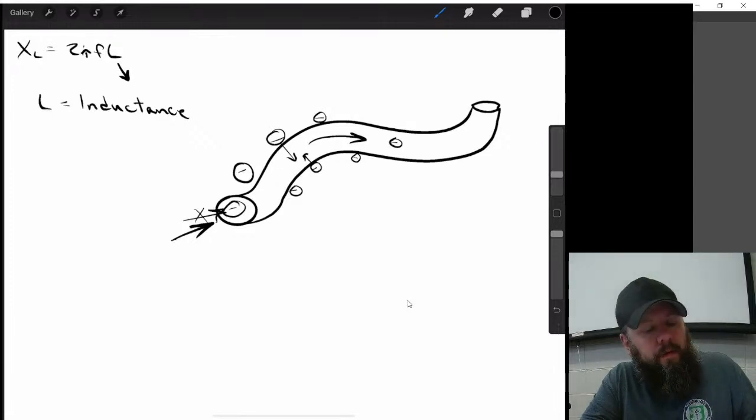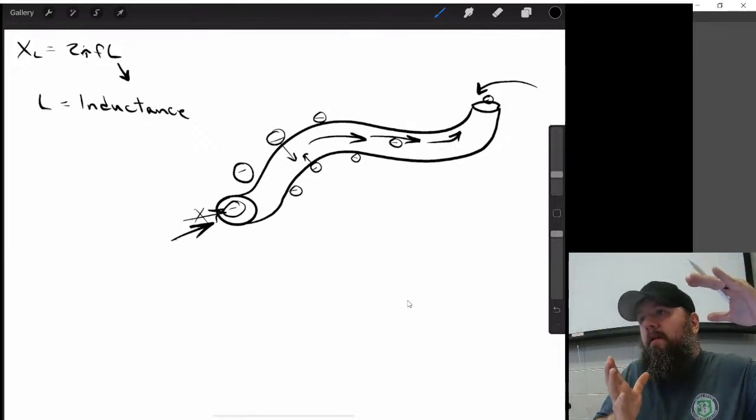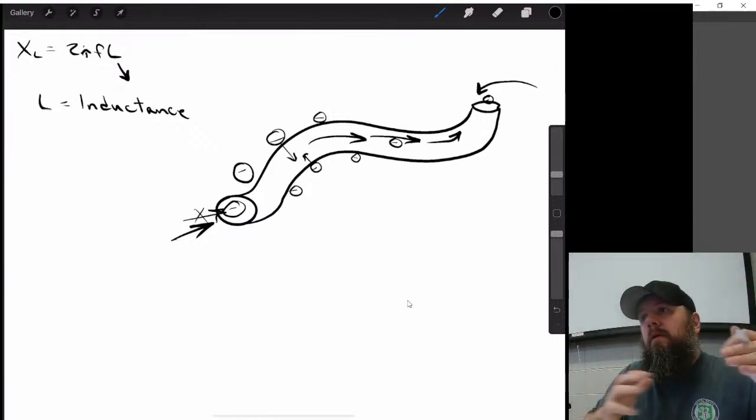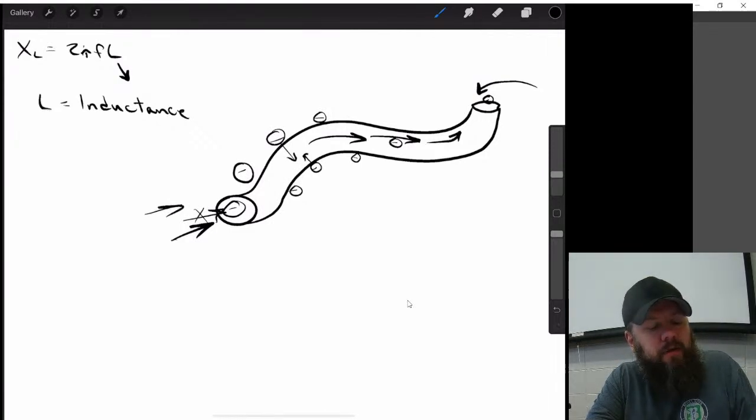Well, if I turn around and I start trying to put electrons in this side, the inductance is causing the electrons in that magnetic line of flux to kind of keep going this direction. So we're fighting a losing battle right there for a second, right? Now imagine that I keep changing my direction over and over again.